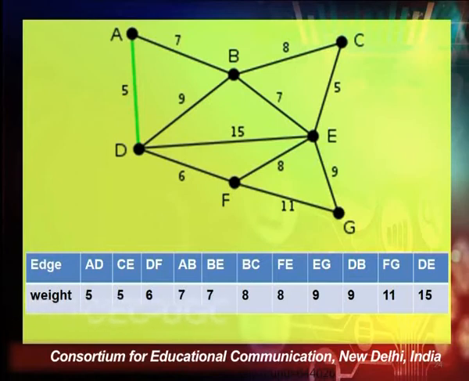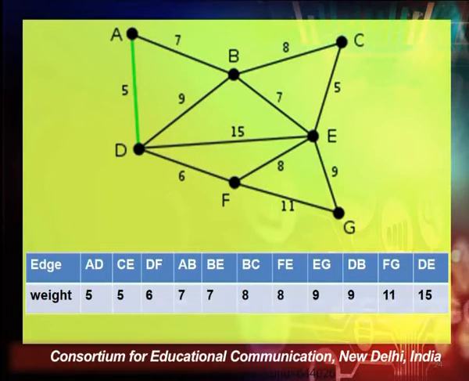Then we have taken DF. DF, although it has a common vertex with AD, is still not resulting in any kind of cycle formation. So DF is also okay, and we have included it in our minimum spanning tree. Then we have AB. AB has its weight as 7, and it also shares a common vertex with AD, but it is not resulting in any cycle formation.